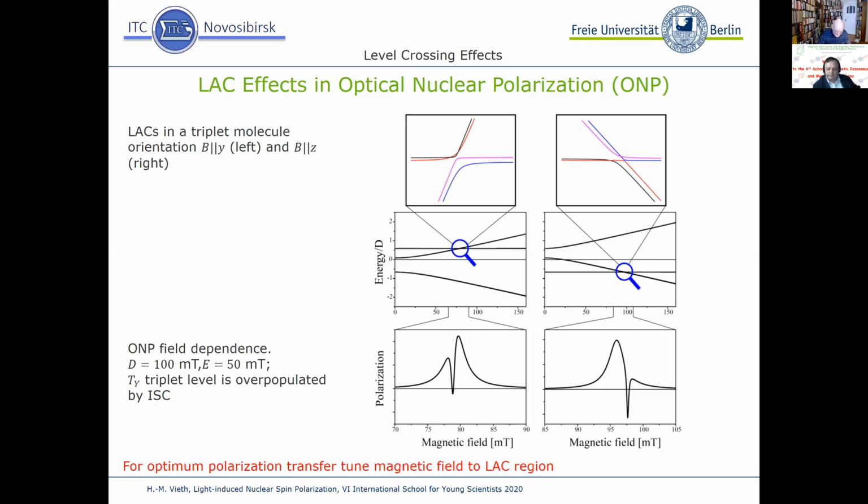So you can go to a coordinate system and find the principal axes of this zero field splitting tensor. That's how it is done, how it is analyzed and described in optical studies, but also in the studies of hyperpolarization.